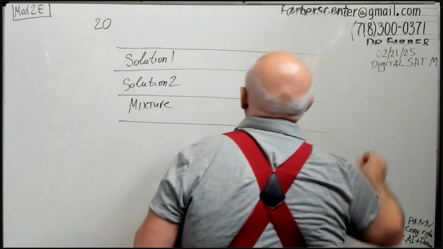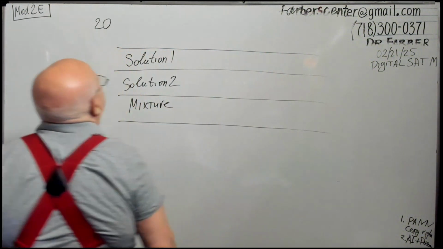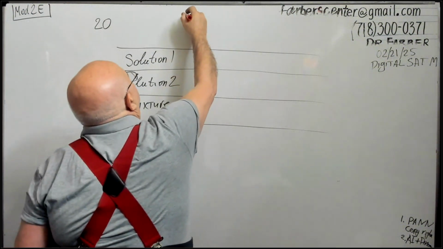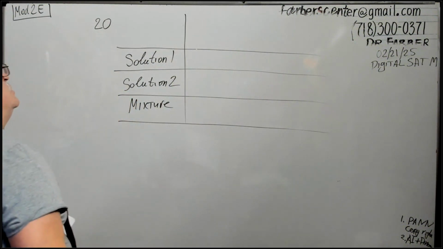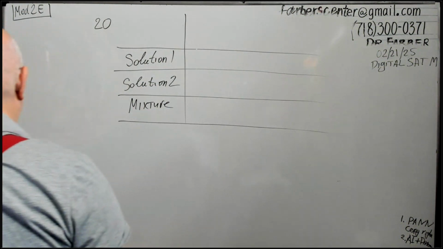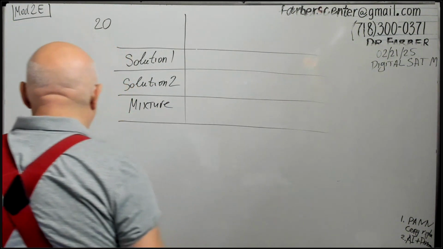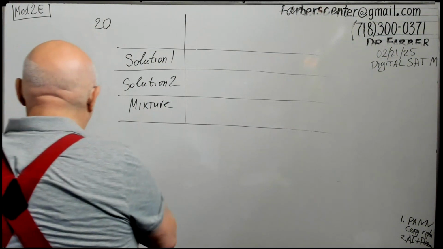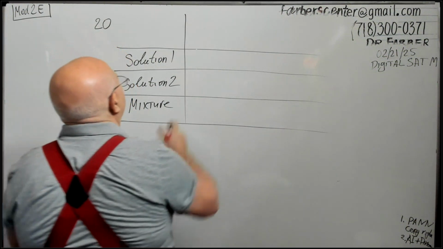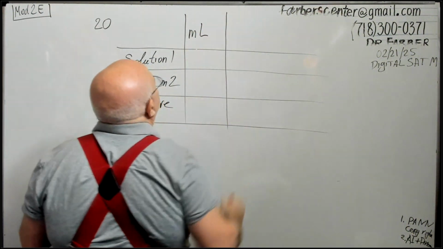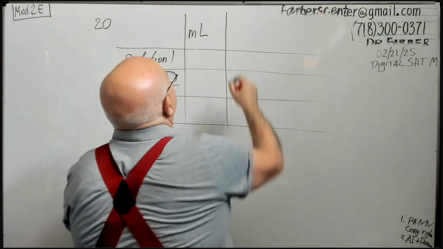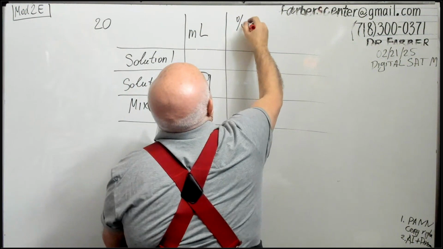We have 3 attributes, like in computer language. Whatever you have: solutions, alloy, sugar, or different nuts. Next, they provide it in milliliters, and they provide you the percent of glucose.